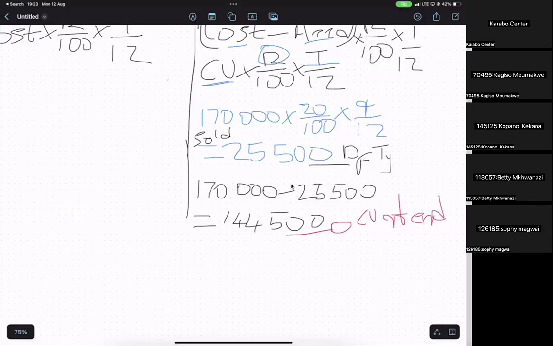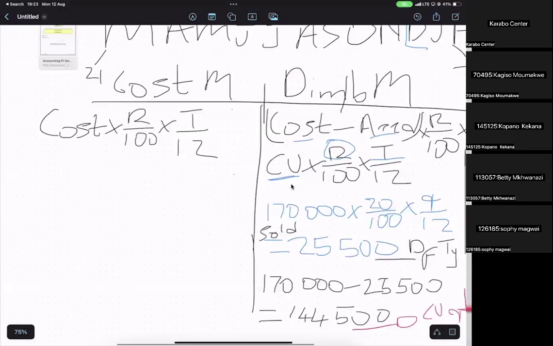So now we have to compare. The carrying value is the value of the asset at the end of the year, so our asset is now valued at 144,500.